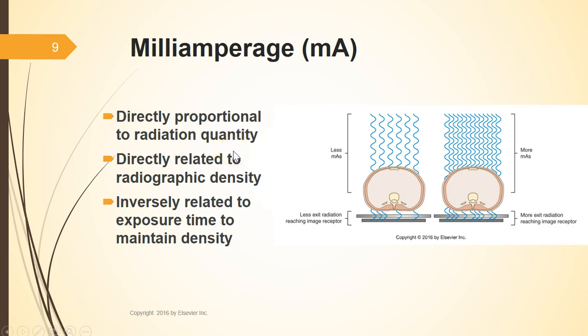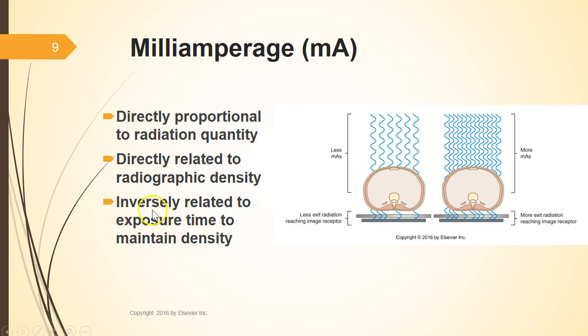Once the anatomic part is adequately penetrated and the quantity of X-rays is increased, the exposure to the IR proportionally increases. Conversely, if the quantity is decreased, then the exposure decreases. Therefore, exposure to the IR can be decreased or increased by adjusting the amount of radiation, mass in general.